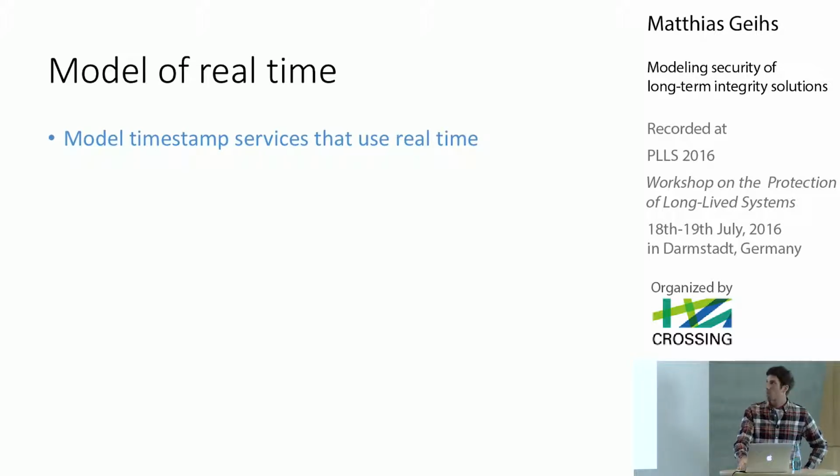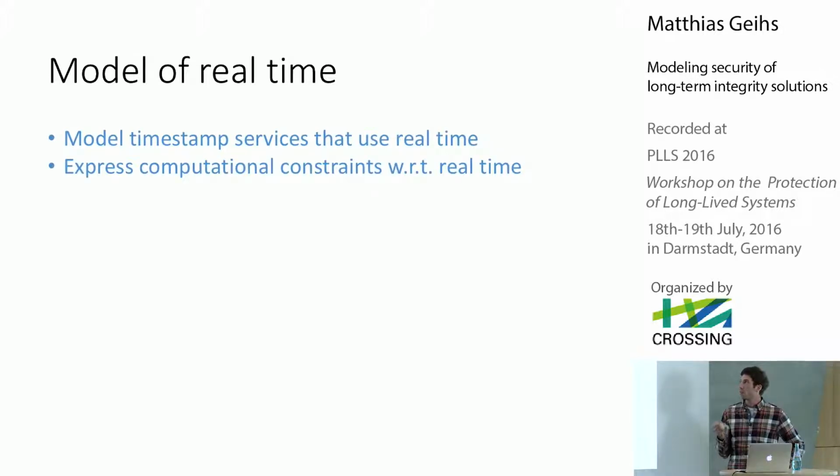And we also want to express, similar to the framework described before, computational constraints on the adversary with respect to real time. And modeling real time is actually not straightforward in a formal sense.